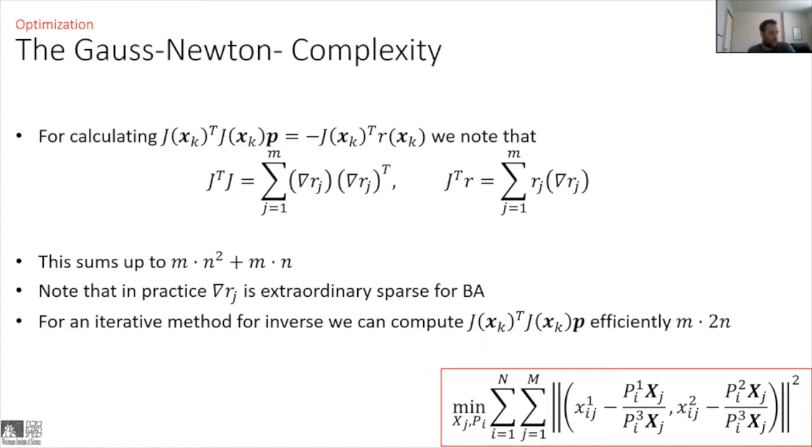Computation of the inverse is still expensive, but there are iterative methods to compute the inverse, so you can compute it relatively fast. Let's say relatively, but you are correct. It's still hard to compute.